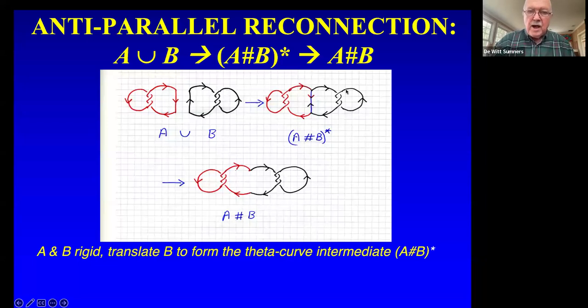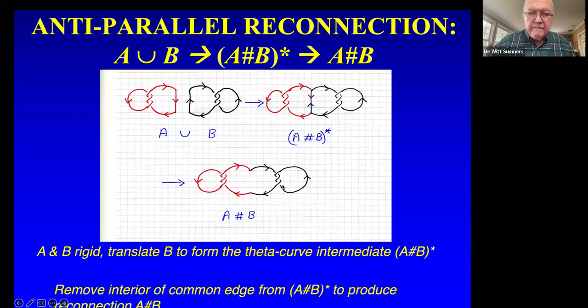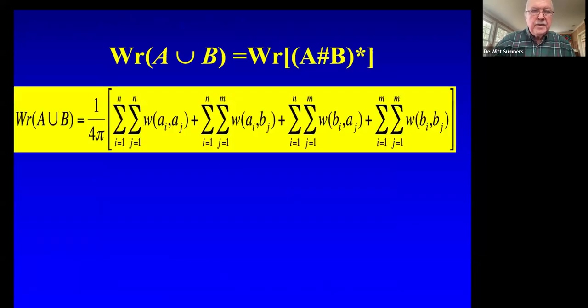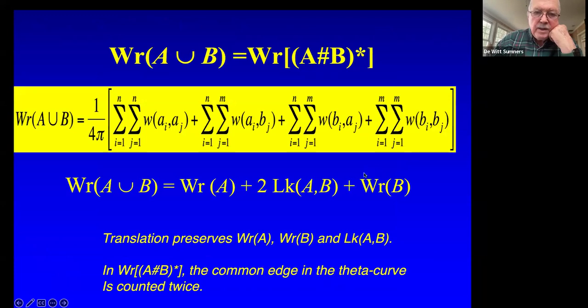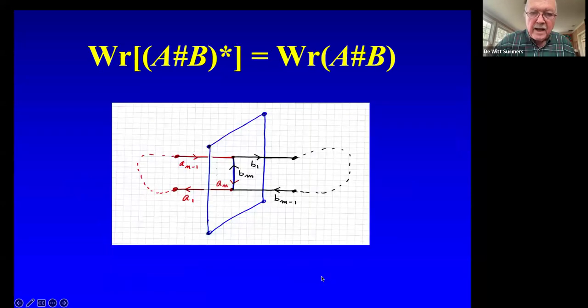So I'm going to compute the writhe of this picture. So the writhe of A union B, as I said before, is writhe of A plus 2 times the linking number plus the writhe of B. And translation preserves all 3 of these quantities. And for the writhe of the theta curve here, the intermediate theta curve, I'm counting the common edge twice, once up and once down.